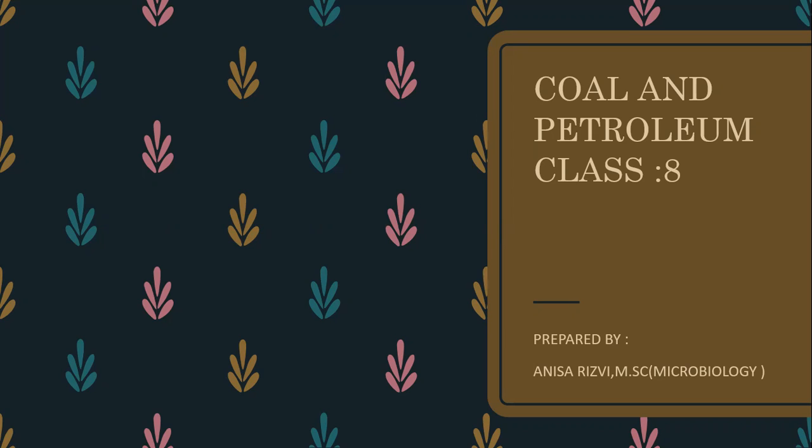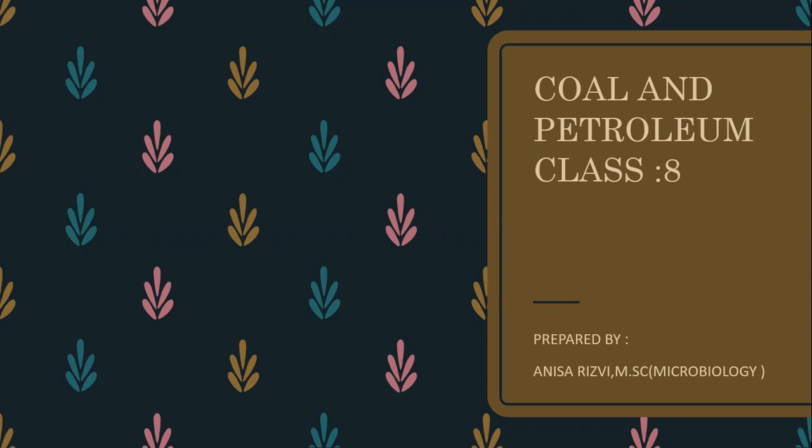So today our topic will be coal and the formation of coal, how we are getting coal. If we look at the chemistry of coal, the composition of coal is reported as moisture, volatile matter, carbon, hydrogen, nitrogen, oxygen, and sulfur.